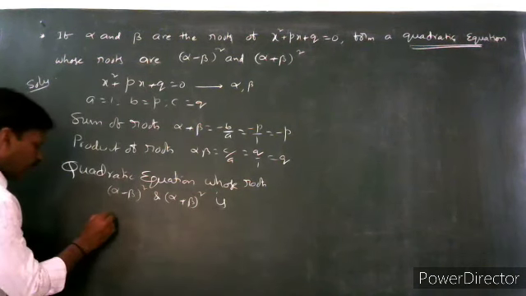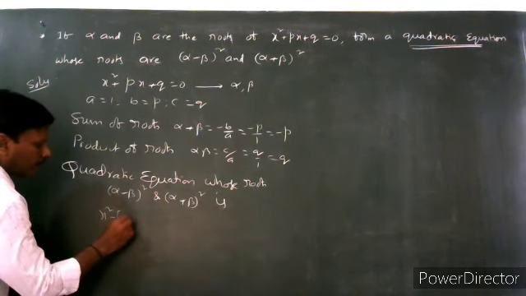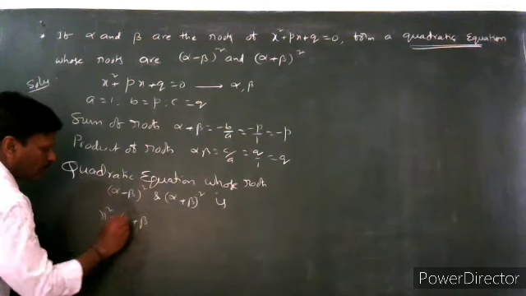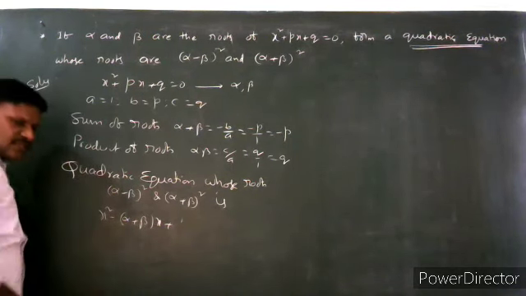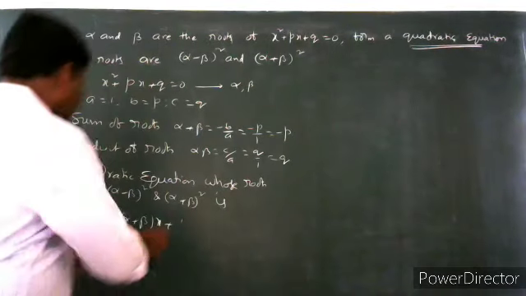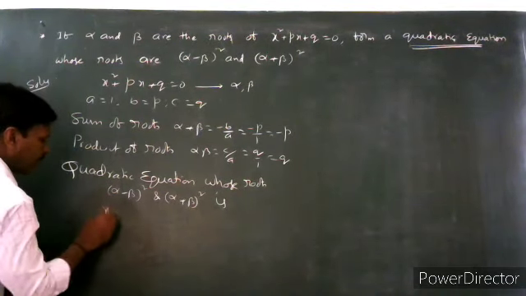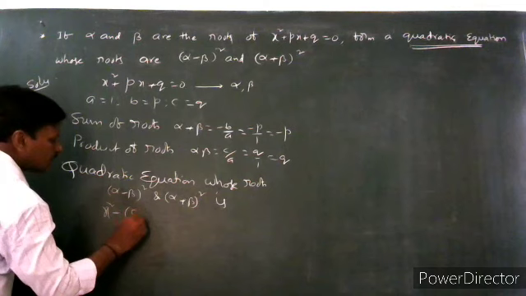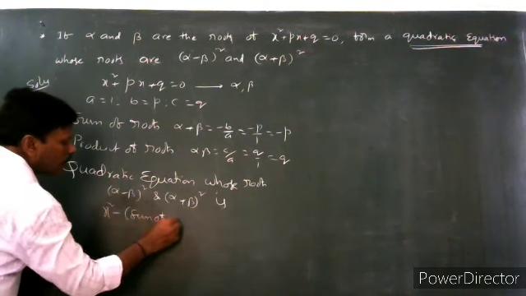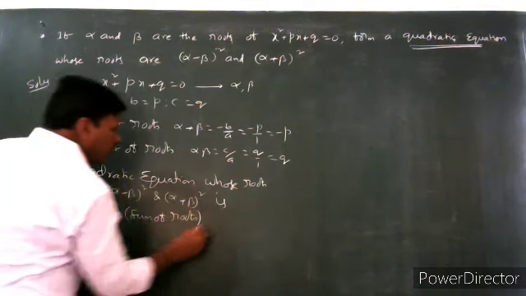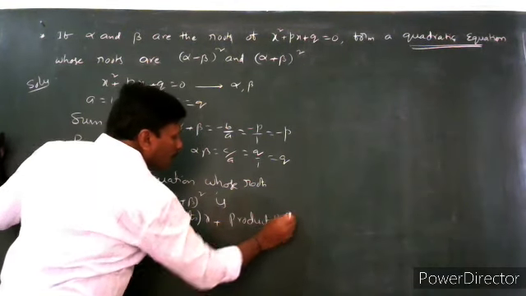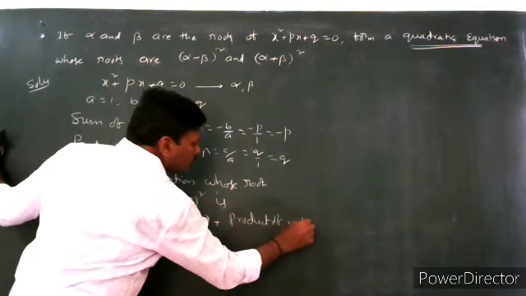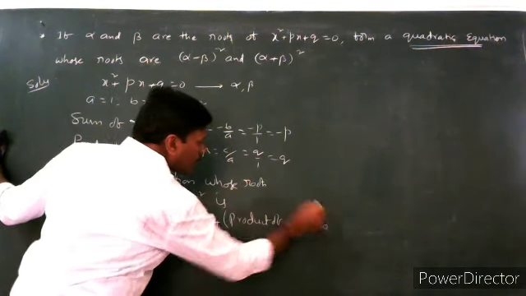Actually the formula is x square minus of sum of roots into x plus product of roots is equal to 0.